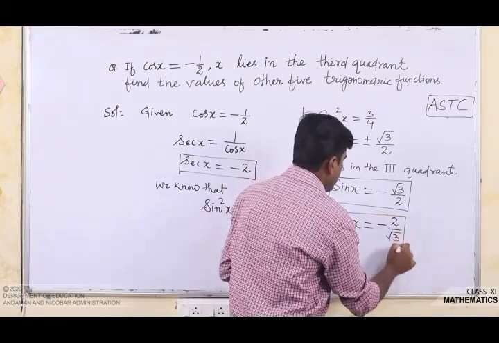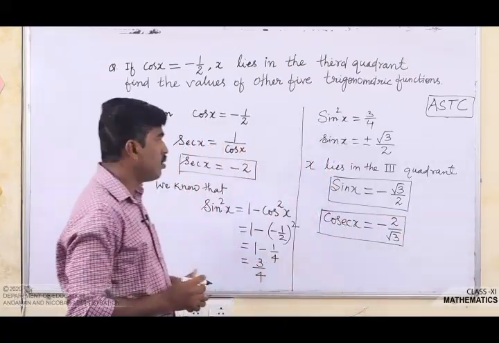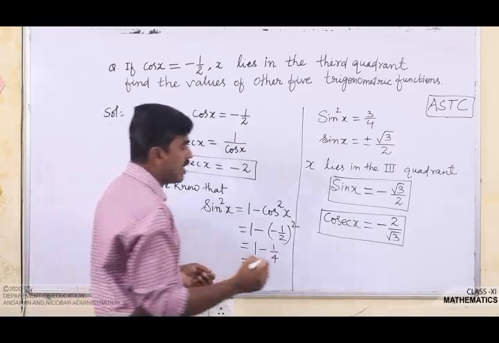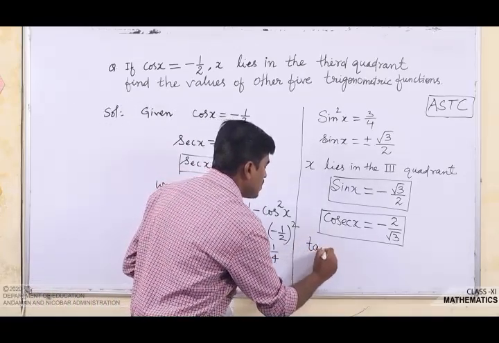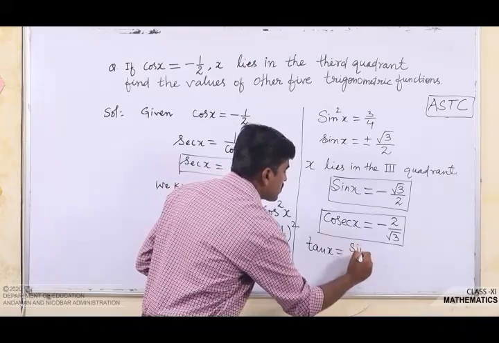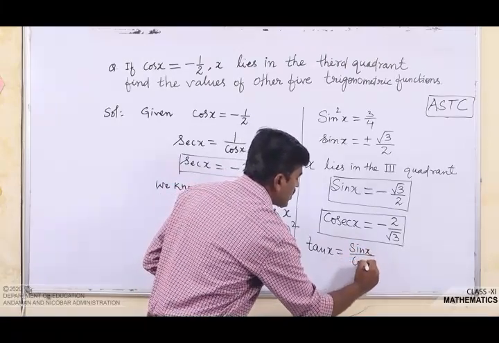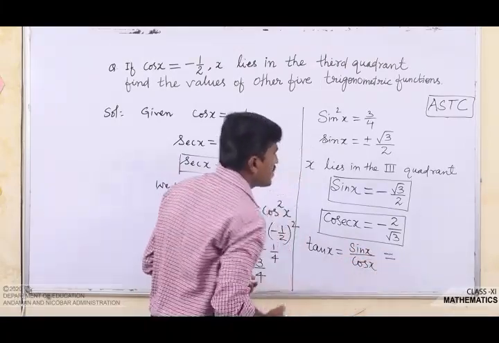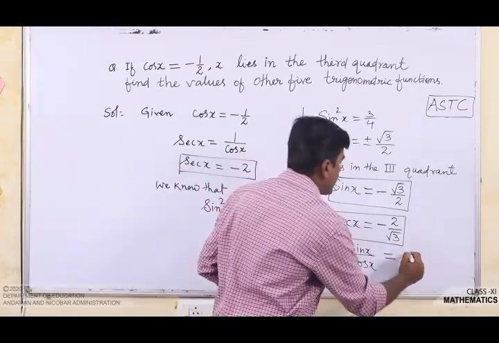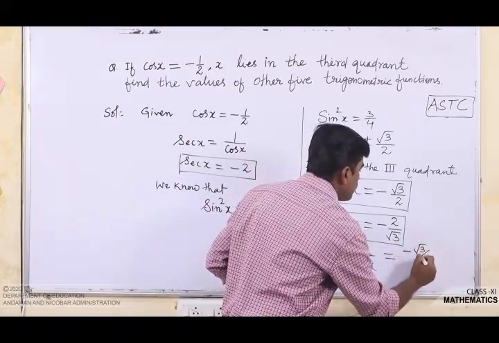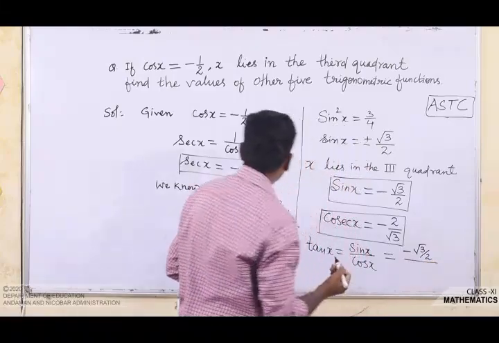Now, we will find the value of tan x. What is tan x? We know that tan x is equal to sin x divided by cos x. So just put the value of sin x. What is the value of sin x? That is minus root 3 upon 2. Then what is the value of cos x?